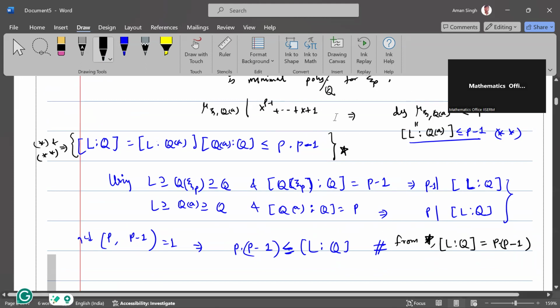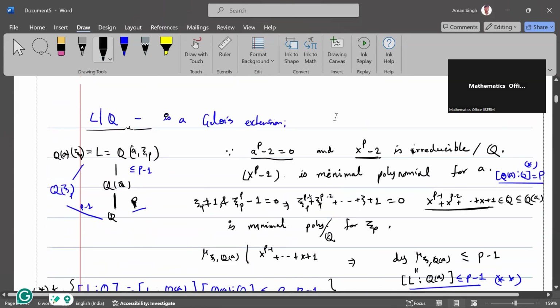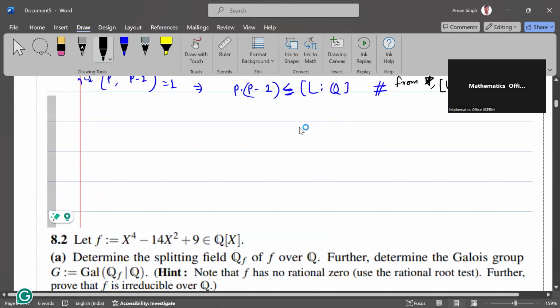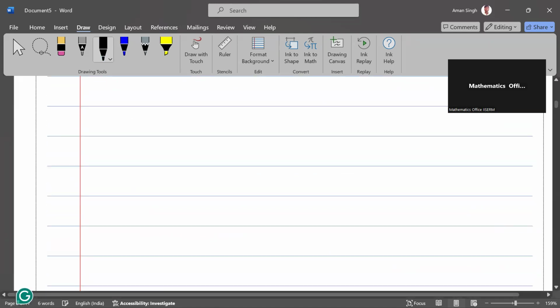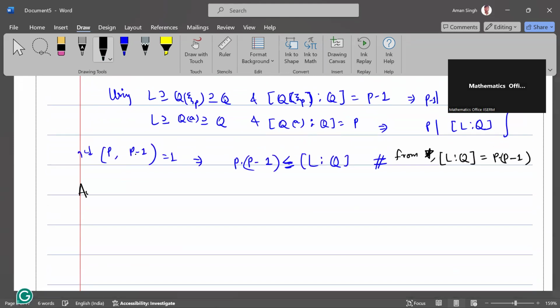Okay, so let's see what the automorphism group of L over Q is, and we'll see the cardinality of this.